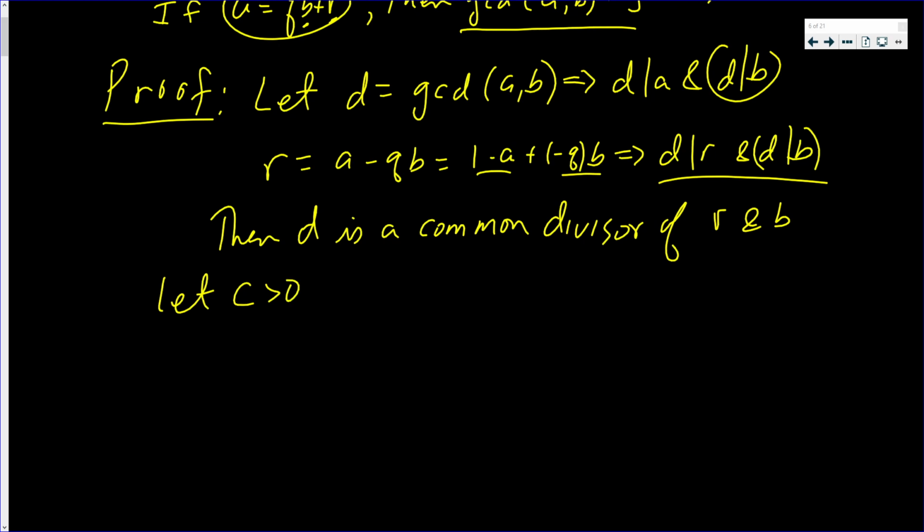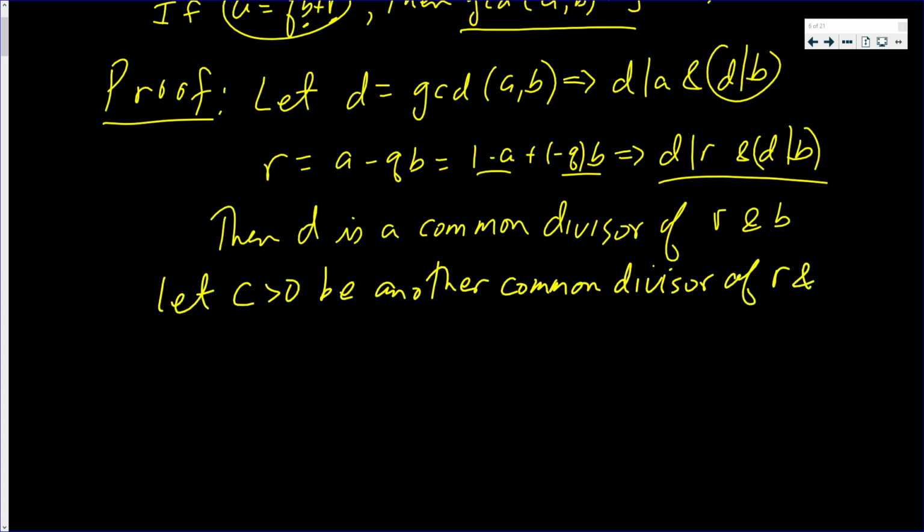Let C bigger than 0 be another common divisor of R and B. And then I have to show that that C is smaller.